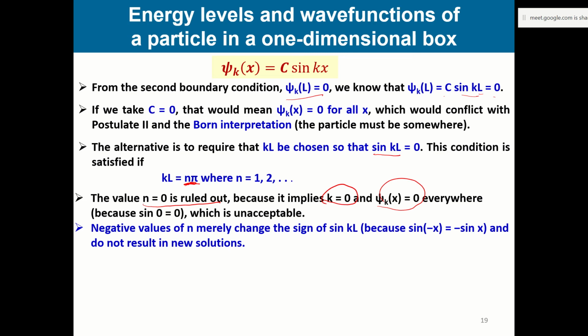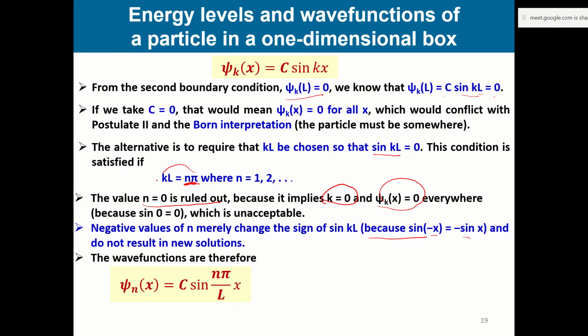It cannot be 0, and it cannot be negative, because sine of minus x is minus sine x, so this is not adding up to a new solution. It doesn't make sense to add a negative value of n.